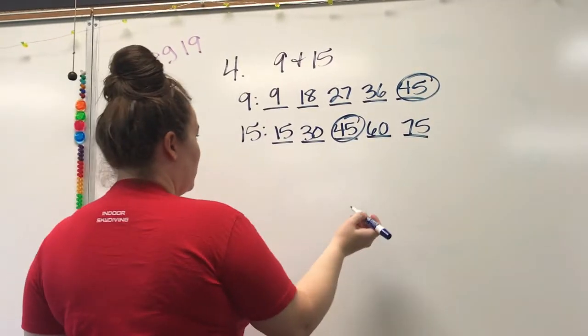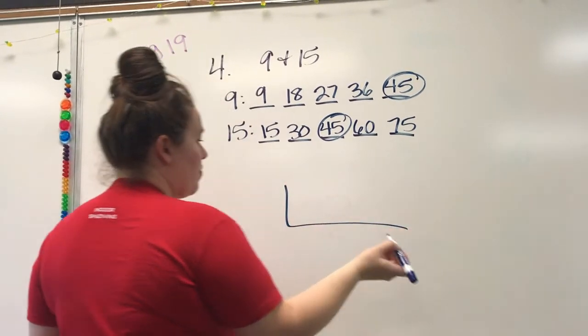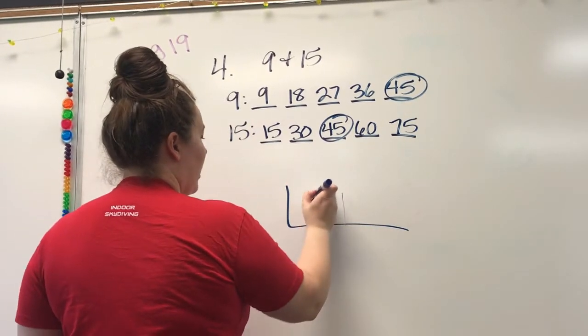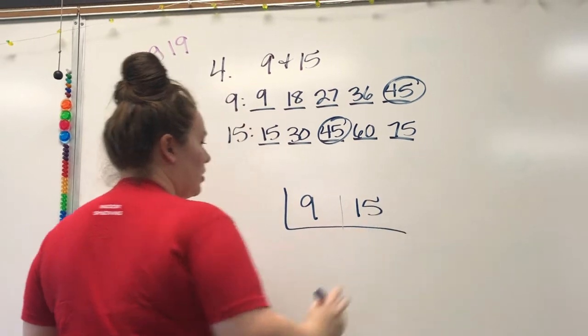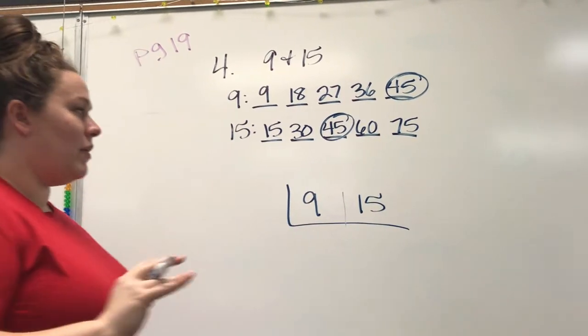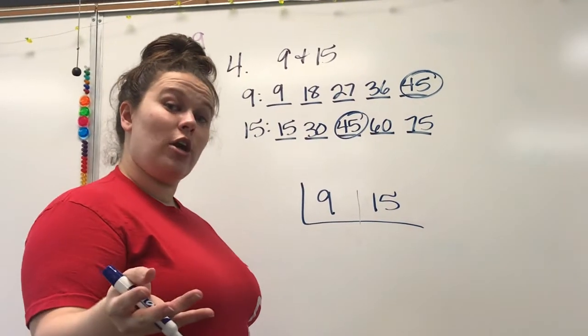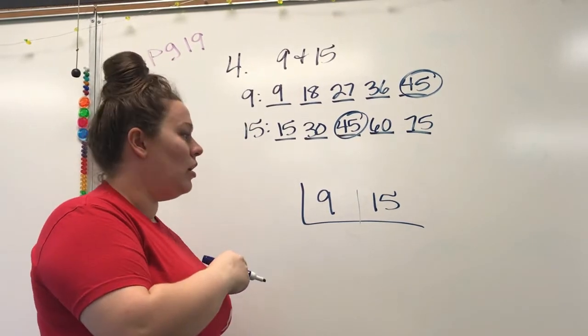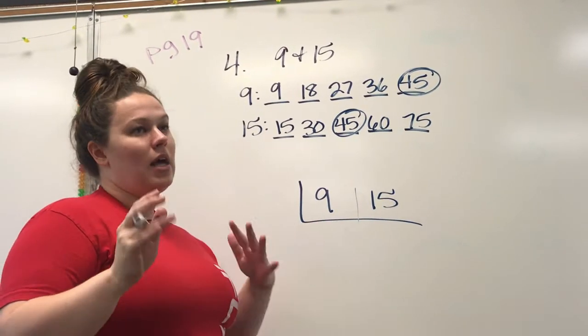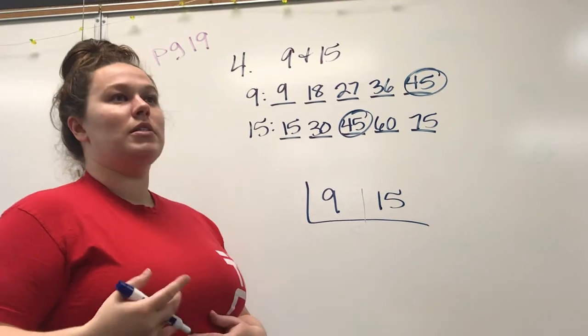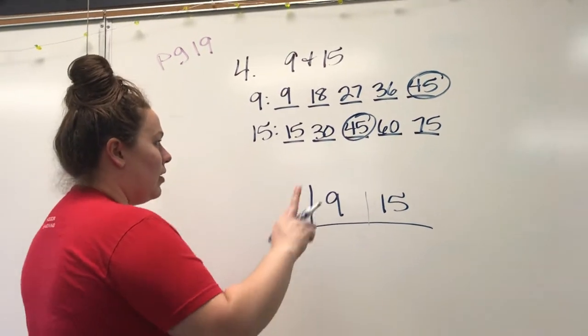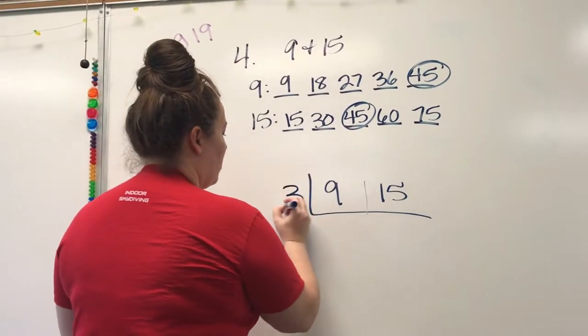Okay. Also, let's see if it works with the division table. Okay, you have 9 and you have 15. Do these numbers have anything in common? You can check your hundreds chart from our last lesson. If you see that 9 and 15 have the same color marker, then that means they have something in common. I know that both of these have 3 in common.